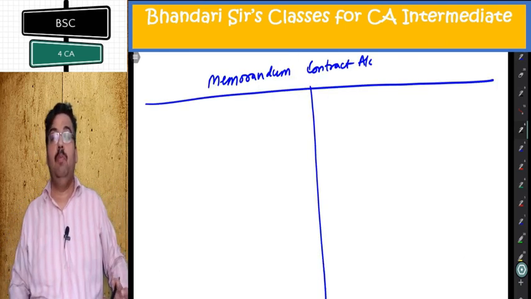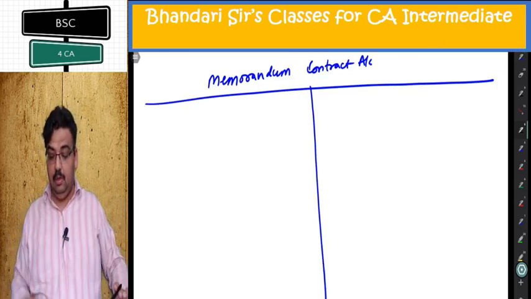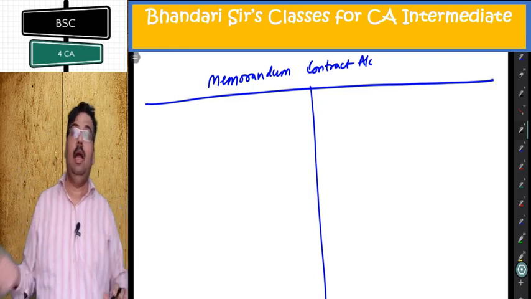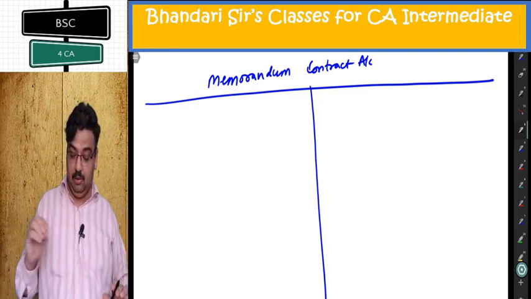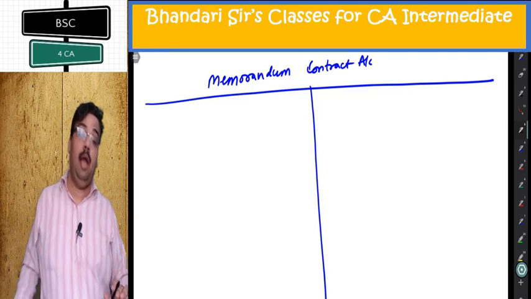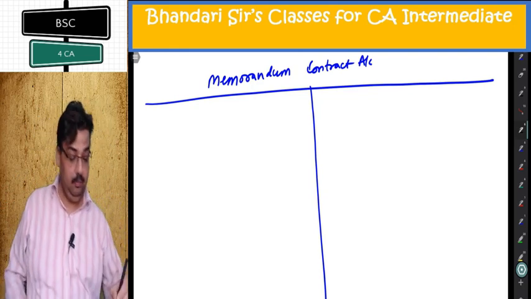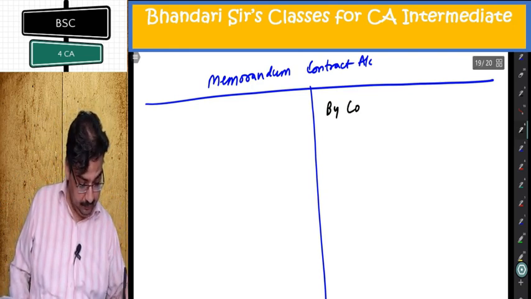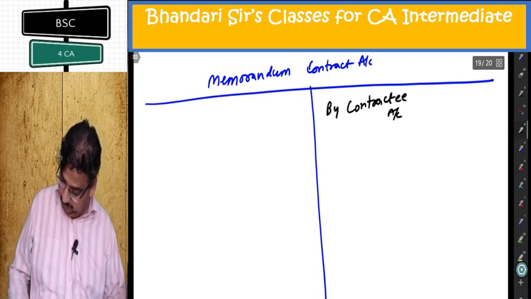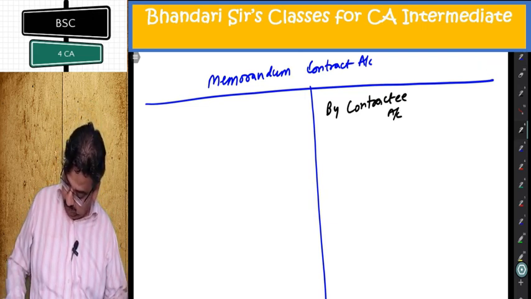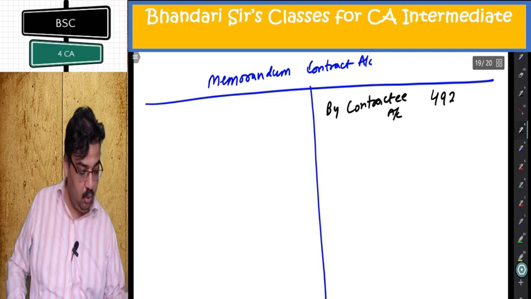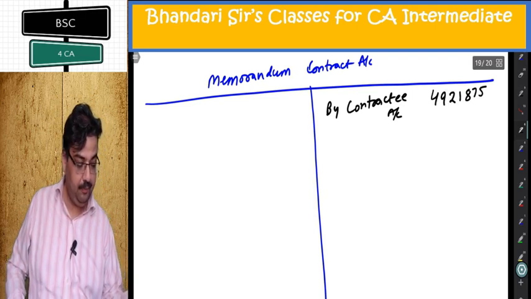Lastly, we reach memorandum contract account here. Let's start from the beginning again. I'll first put the contract price on the credit side because I don't have to put any WIP there. By contractee account, the contract price was 49,21,875.